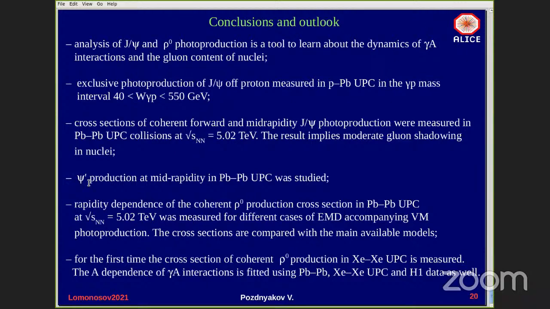We also measured psi prime with small but sizable statistics, and for the first time we made a rho-zero photoproduction cross-section measurement in lead for different scenarios with electromagnetic dissociation. And again, for the first time, we measured coherent rho-zero photoproduction in xenon UPCs. That's all. Thank you very much.